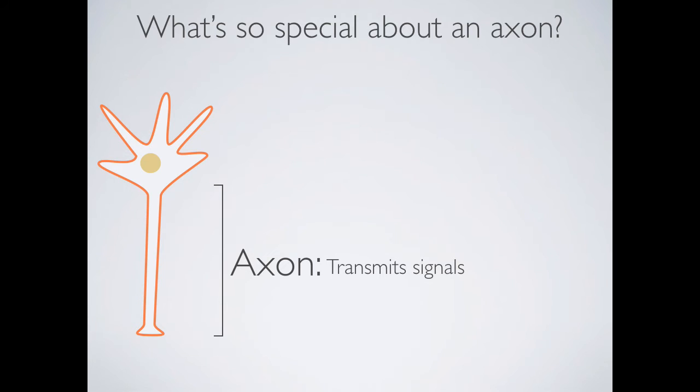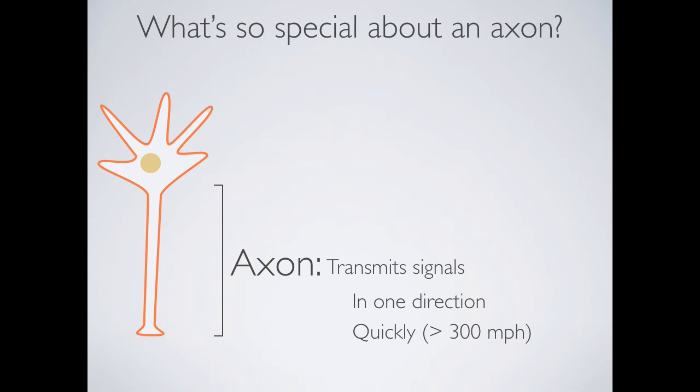The other thing that makes them special is that they do it only in one direction, at least in our bodies. Some animals have bidirectional neurons. You see that in jellyfish and other animals that have nerve nets. But in our bodies and in vertebrates in general, axons transmit information just one way.